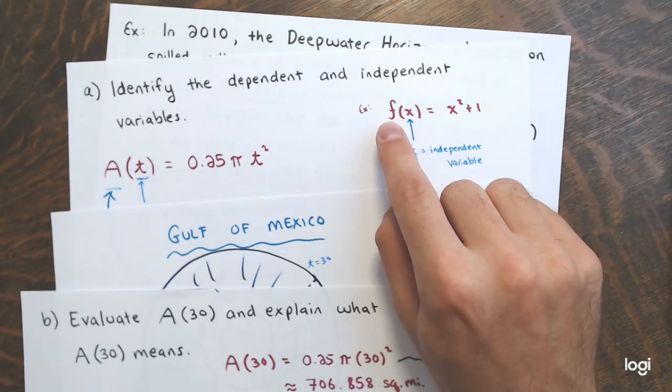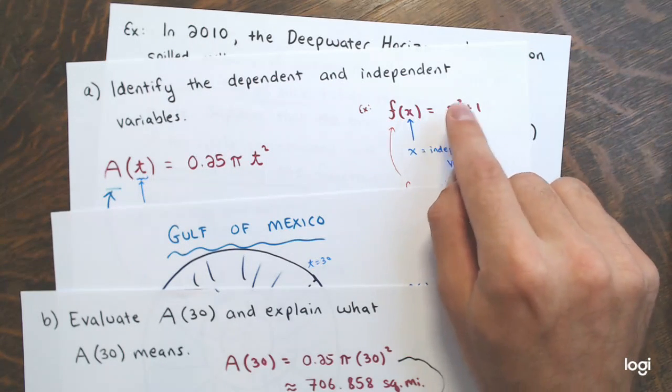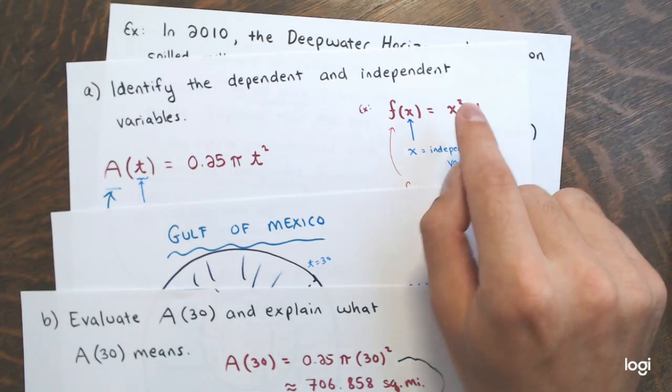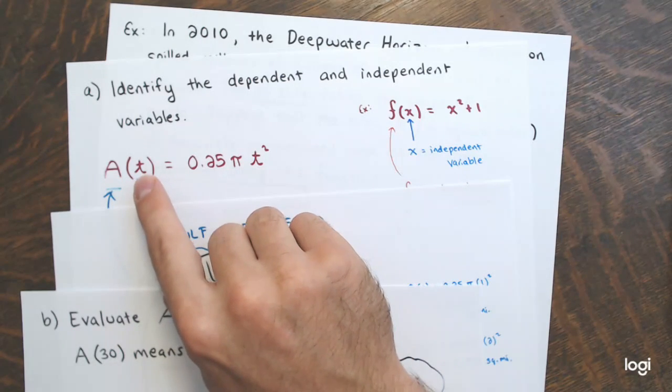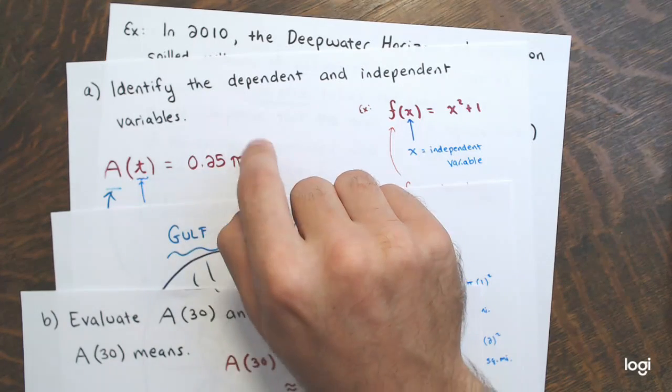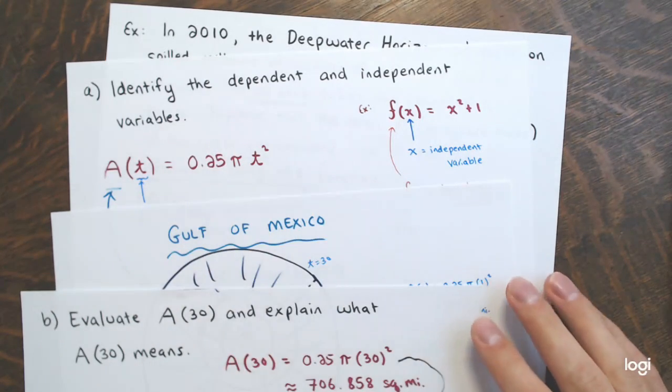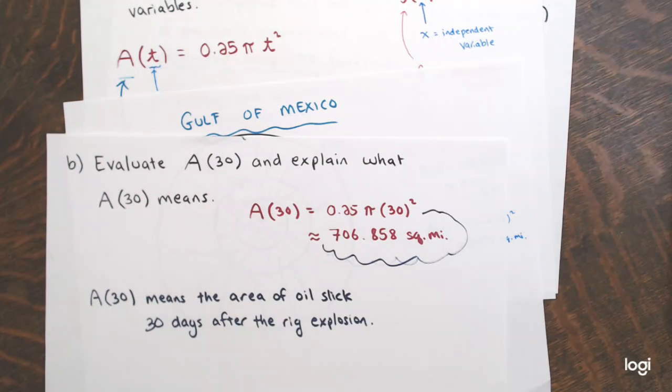What is the value of this function at x? It's this, and this over here is how I calculate that. What is the area after t days, t days after the explosion? This is how I calculate that area over here.